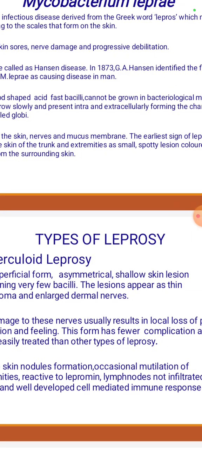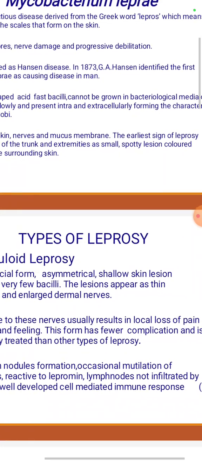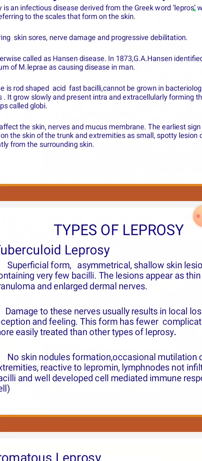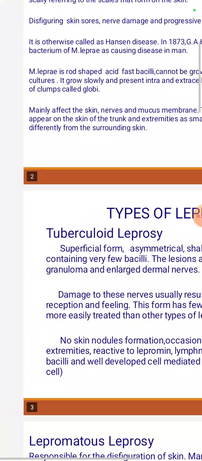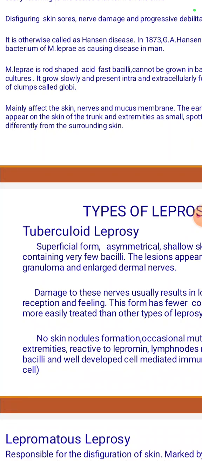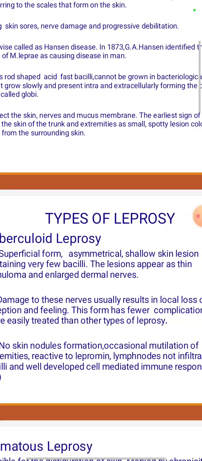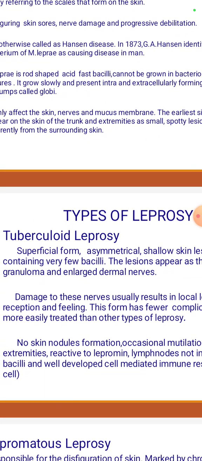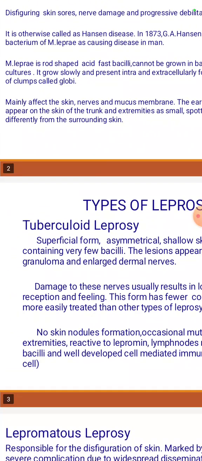This form has fewer complications and is more easily treated than other types of leprosy. No skin nodule formation occurs. Occasional mutilation of extremities, reactive to lepromin, lymph nodes not infiltrated by bacilli, and well-developed cell-mediated immune responses.